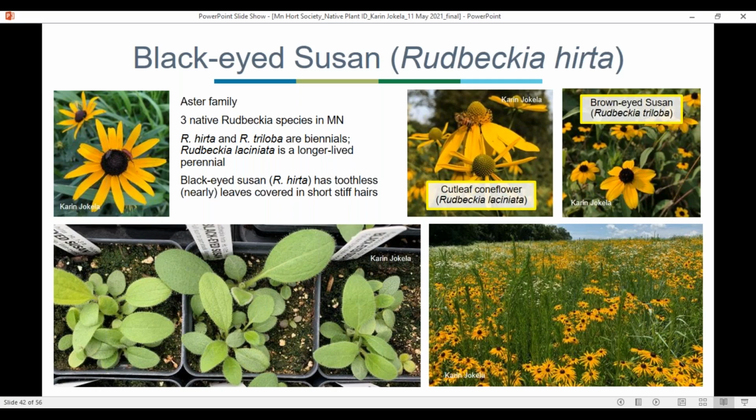But Black-eyed Susans have really fuzzy leaves. That's a really easy way to identify them as a seedling. 2 of the species are biennial, so that means that they flower in the 2nd year and then they die. Whereas Rudbeckia laciniata, cutleaf coneflower, is a more long-lived perennial. Prefers shadier sites, savanna sites.